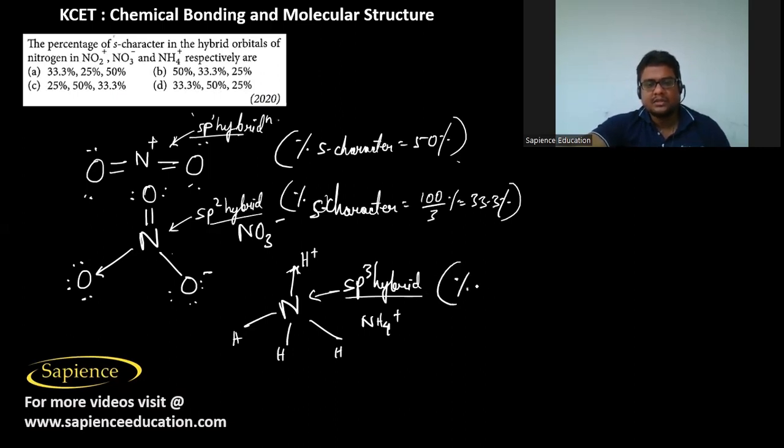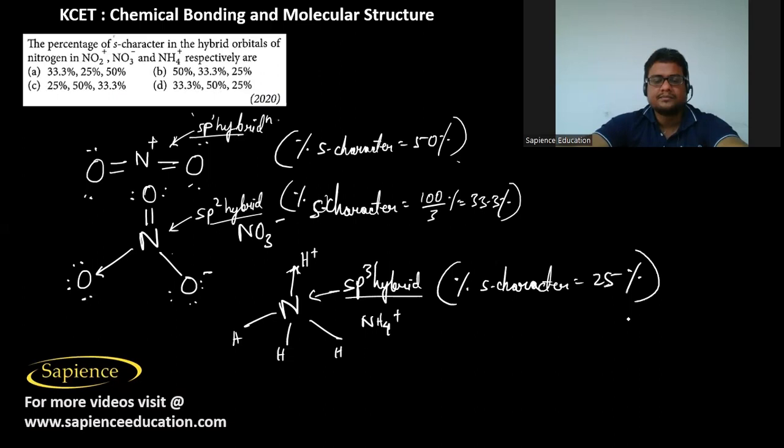So here also the percentage s character of the hybrid orbitals of nitrogen will be equal to 1 by 4 into 100, so that is 25%. So it is 50%, 33.3%, and 25%. So option B is the correct answer.